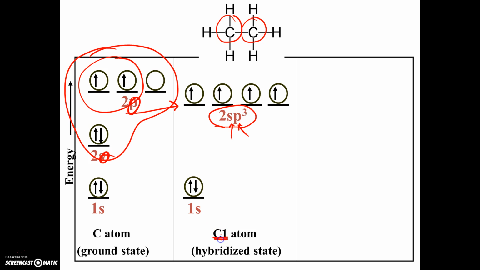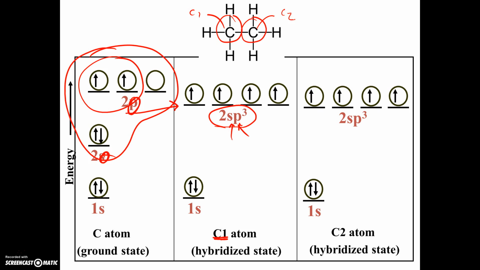So this is for carbon 1, this carbon here. If I wanted to draw the same thing for carbon 2, it would look the exact same way. I hybridized them. Now if you take a look, this orbital right here could be the bond with carbon, and this orbital right here could be the other bond with carbon. So this is the bond in the middle.